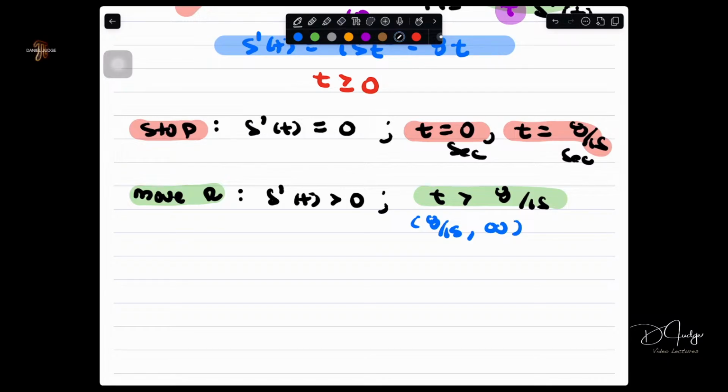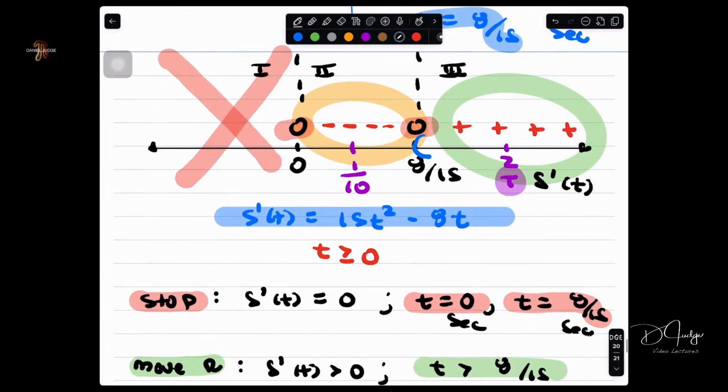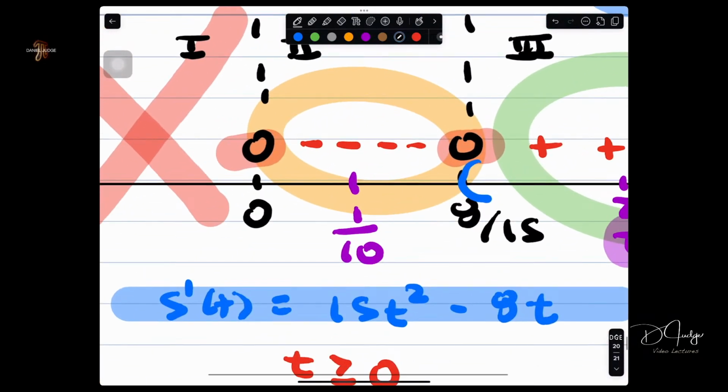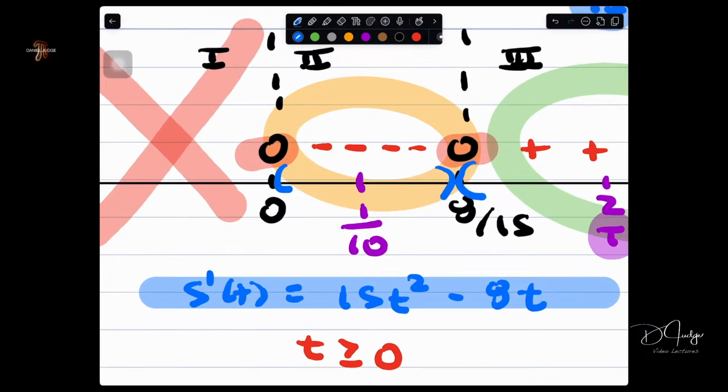You're going to move to the left now when that derivative is negative. Now, where is that derivative negative? Right in here. For t values between 0 and 8/15.